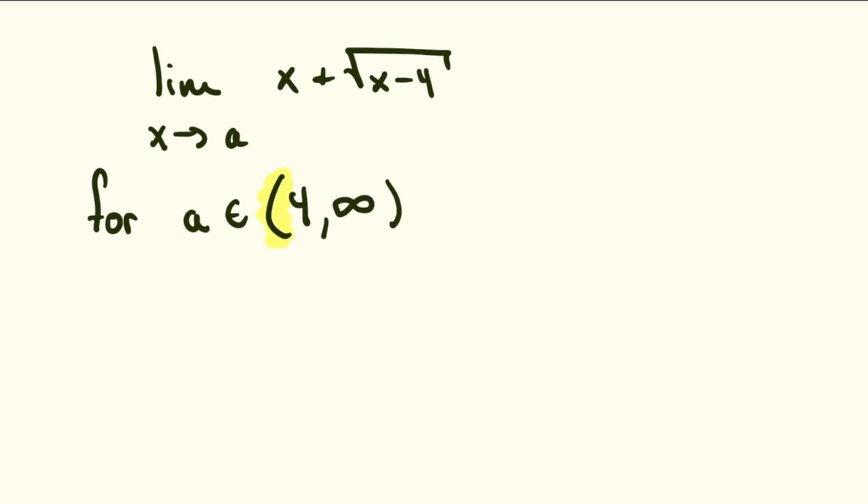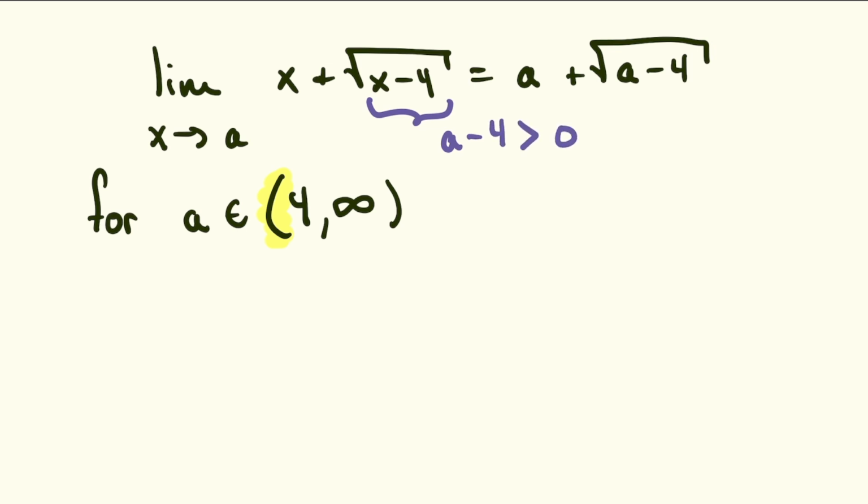If you feel comfortable just punching in a and saying any number in here is going to work, that's fine. That's actually what I would go for. So notice between 4 and infinity, there's not going to be any issues. We are going to have the number under the square root, a minus 4, be bigger than 0 because a is bigger than 4, even if it's just infinitesimally bigger.